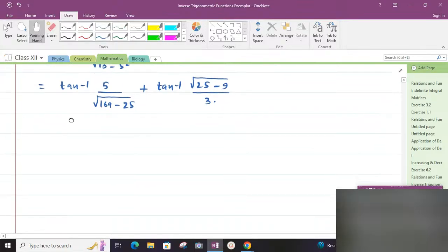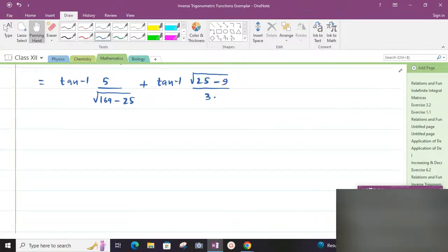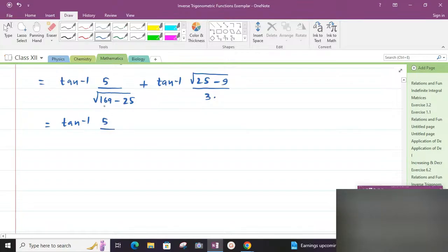Let's see the next step will be equal to tan inverse, and we write down here 5 by root of 169 minus 25 equal to 144, and we write down here plus tan inverse root of 25 minus 9 equal to 16 by 3.